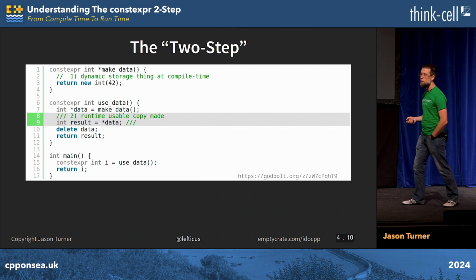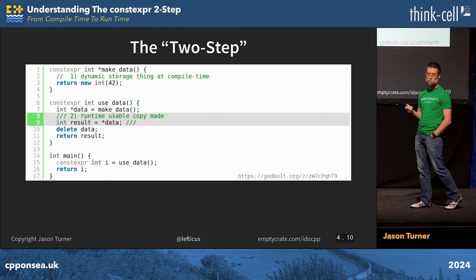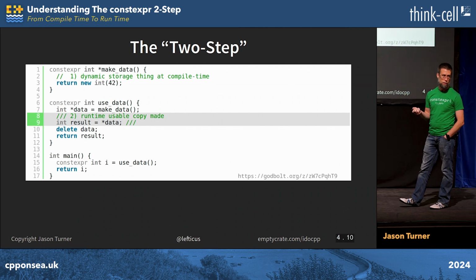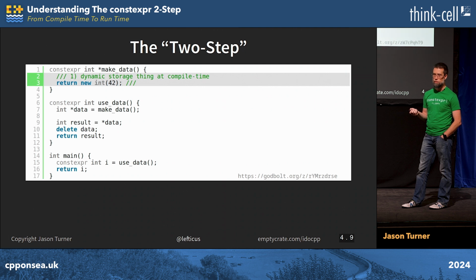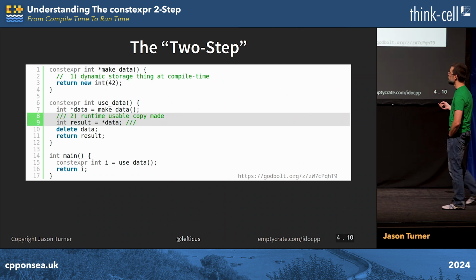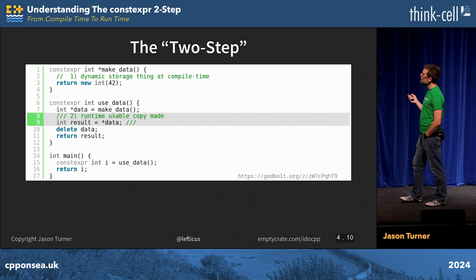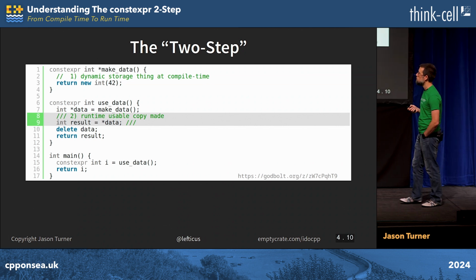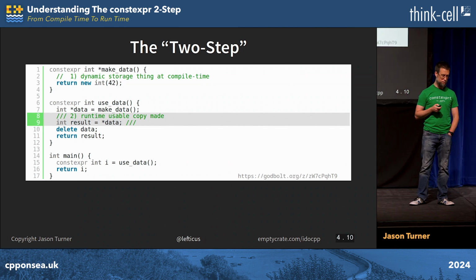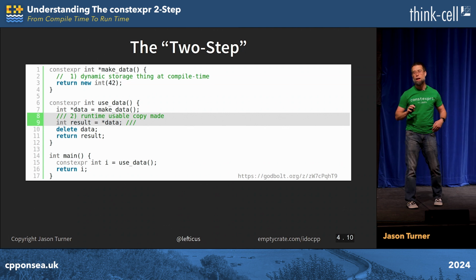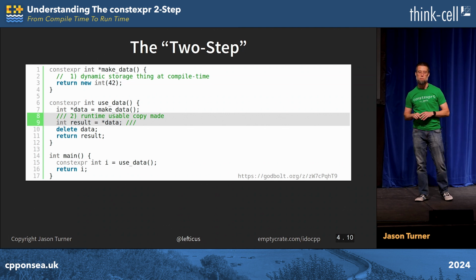So this is clearly a silly slideware example, right? I hope you're not writing code that's allocating new integers just to return the value 42. But this is the key. Step one, do dynamic thing. Step two, copy the dynamic thing to statically sized thing. And I have to be careful with my terminology here.